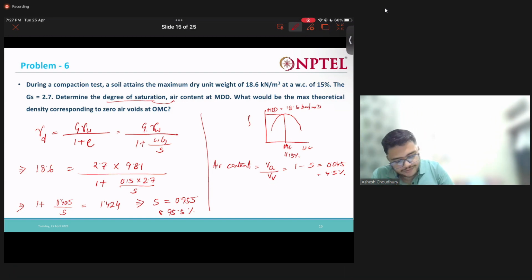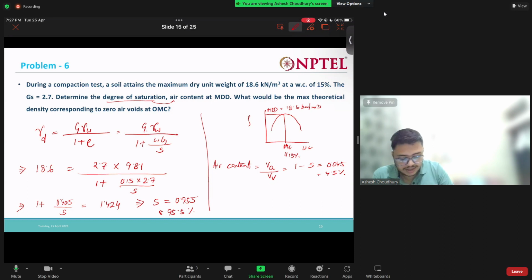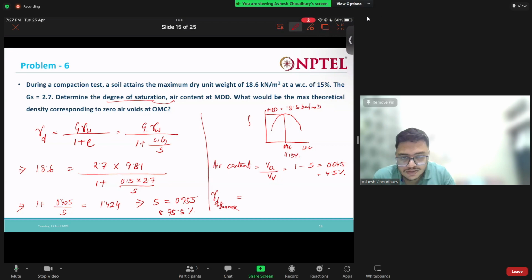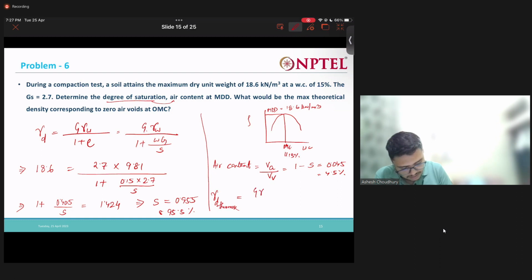Now we need to determine the maximum theoretical density corresponding to zero air voids. So what will be the gamma d theoretical max? How can we find this out? G gamma W by 1 plus e.